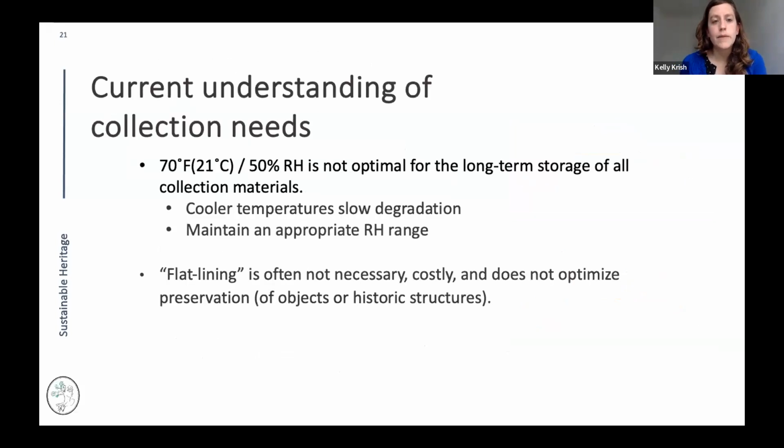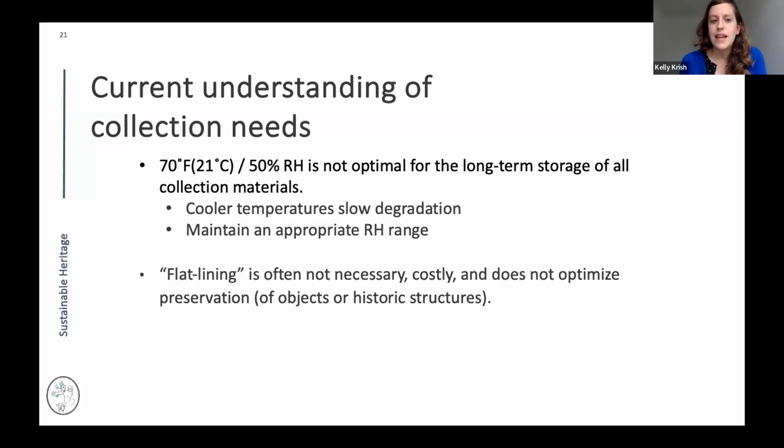So I'll conclude my section by saying that in terms of our current understanding of collection needs, often in the past we've been focused on a 70-50% mentality, which is really nice for human comfort, but is not always optimal for the long-term storage of all materials. A lot of things really do benefit from cooler temperatures to slow that degradation and to have the relative humidity within a safe range.